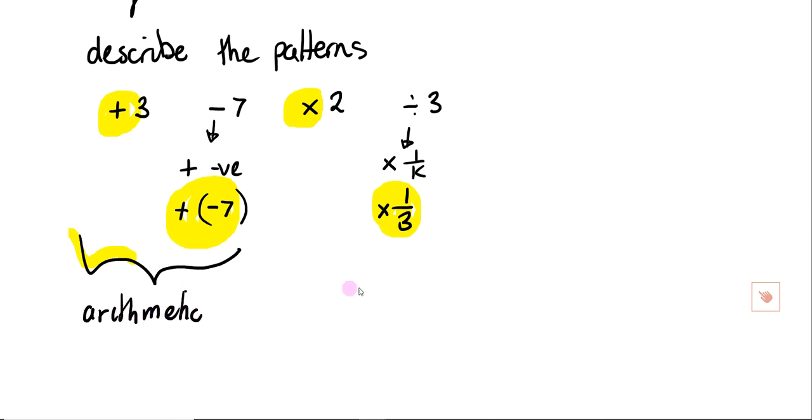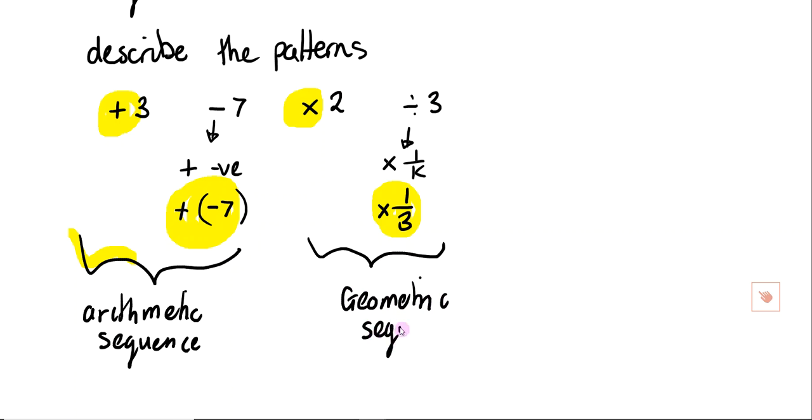That would be an arithmetic sequence. And if it is formed by repeatedly multiplying by something, anyone remember? Geometric. So this would be a geometric sequence. Right.